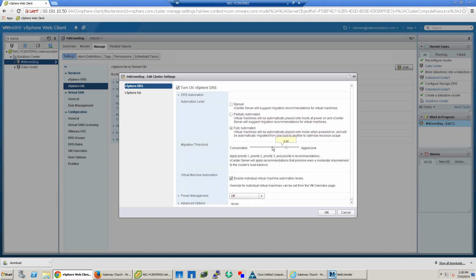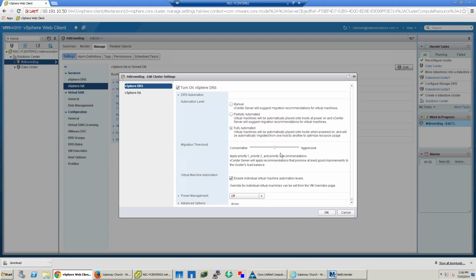The idea is you're asking, how often do I want to see vMotions in my cluster? How much imbalance am I willing to take? How much imbalance in my cluster with regard to CPU and memory usage am I willing to take?